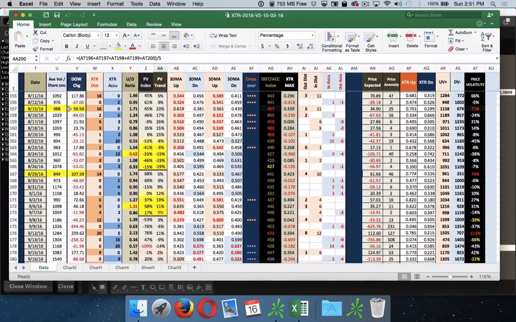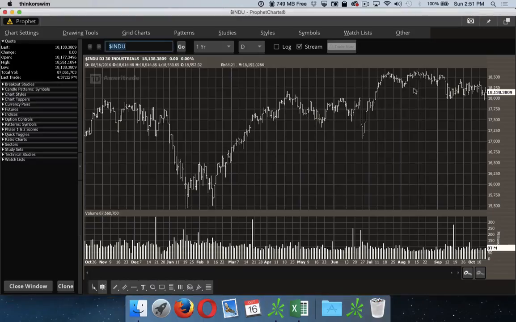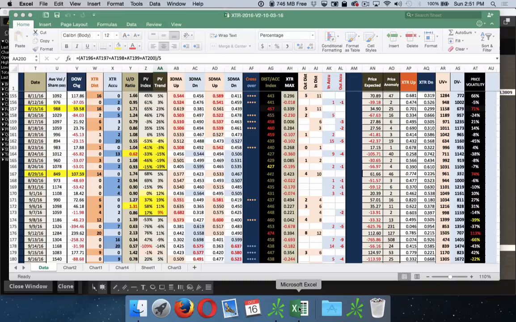We marked it off as a potential top, but we still had a little bit of price action that indicated that the market was still going higher, but you can see that we had a number of crossovers here, right on the 15th.